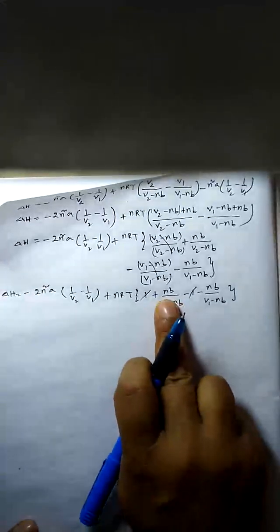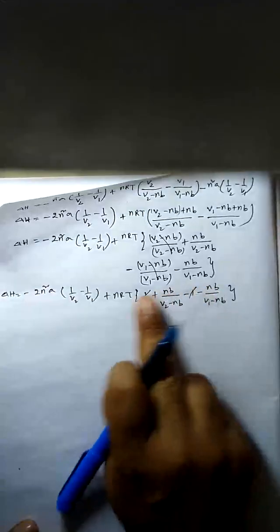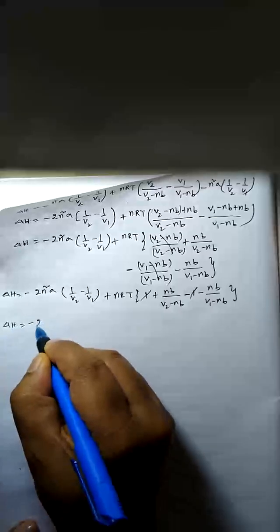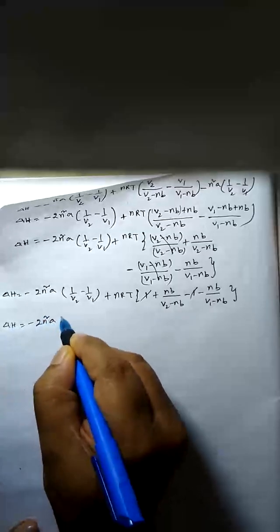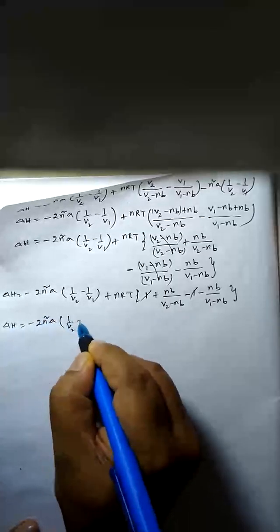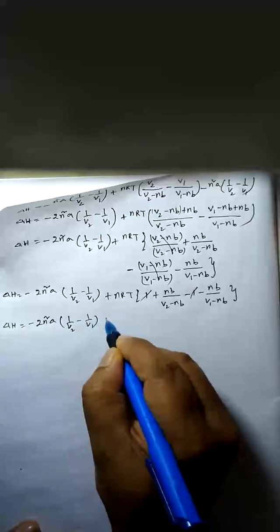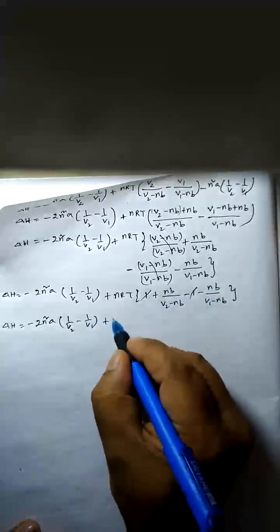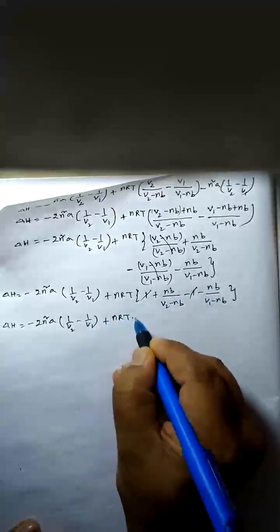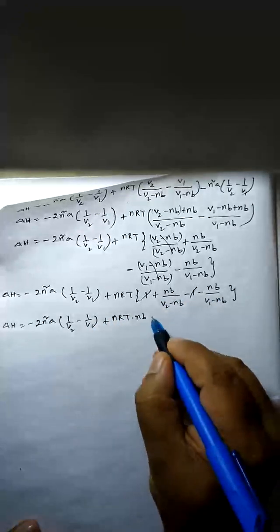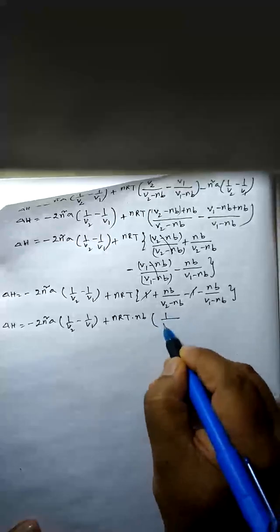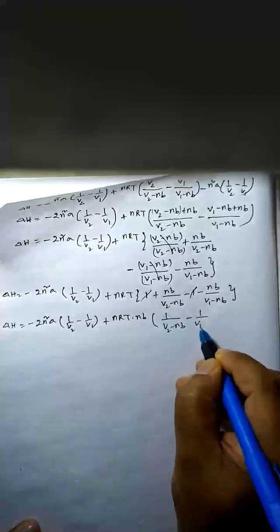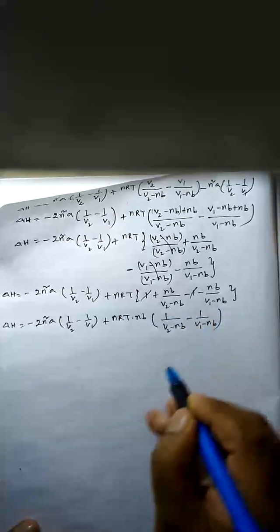From this you take nb common to this side. You get delta H is equal to minus 2 n square a (1 by v2 minus 1 by v1). Take nb common, nRT, then nb you take common. What we get? Now 1 by v2 minus nb minus 1 by v1 minus nb.